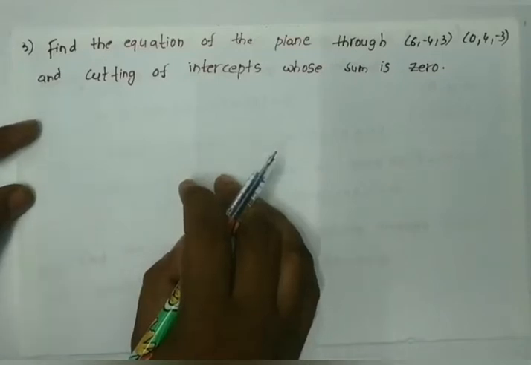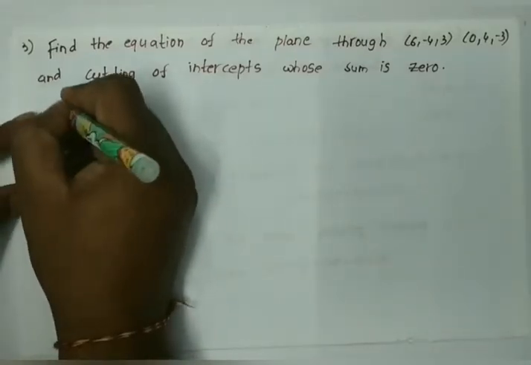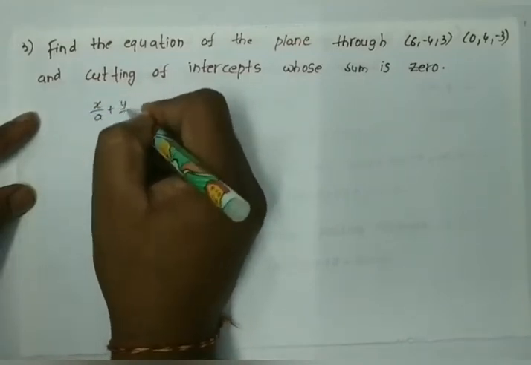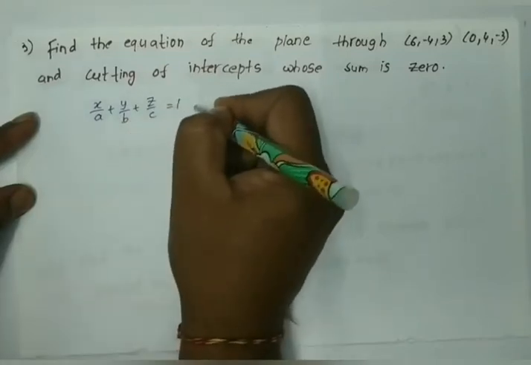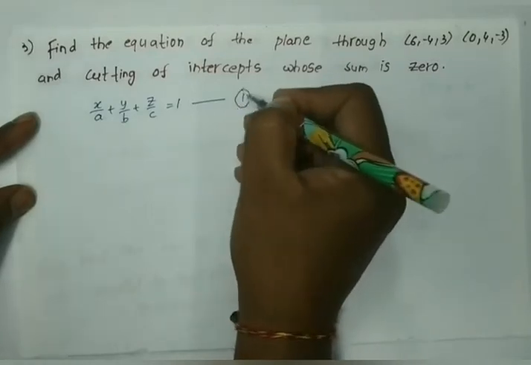Already we know the equation of a plane with intercepts a, b, c. It is given by x by a plus y by b plus z by c is equal to 1, which is the required equation of the plane. Let us name this equation as 1.